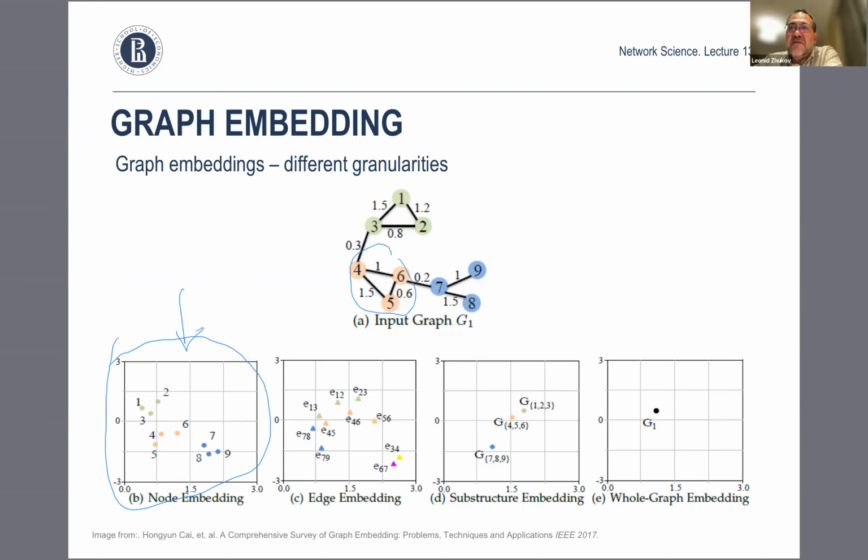And if you notice here, there were 3 structures, and those structures are embedded as a single point each. Or maybe an embedding for the entire graph if you want to compare various graphs. So all of these are embeddings, but typically when we talk about graph embedding, we mean node embedding, and that is what we're going to talk about today.